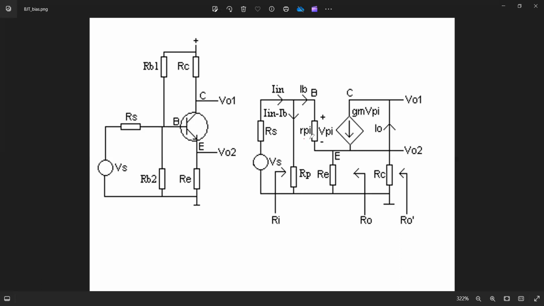Now, you have RPI, that is the resistance between base and the emitter of the transistor, and the voltage that you generate across the base emitter is VPI.